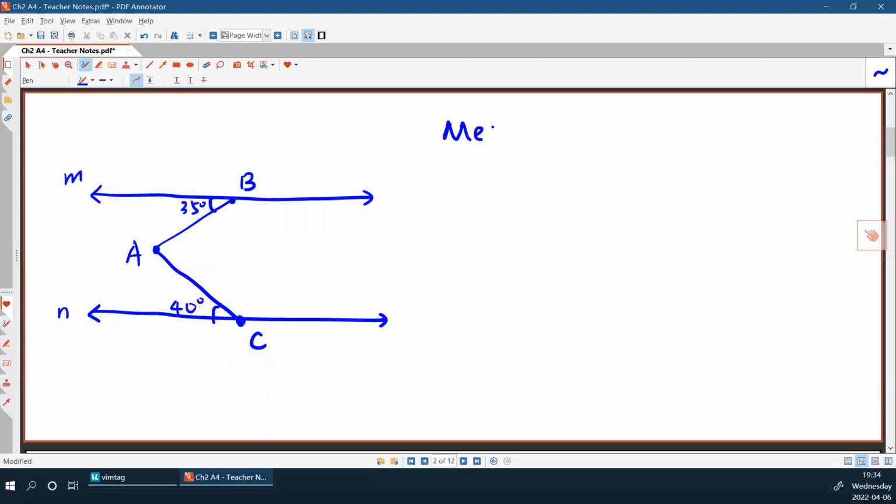Let's consider method two, because we have already learned the properties of triangles, right? We can just extend the segment CA, and this line crosses line M at this new point. Let's call it D. Then we can consider the triangle ABD.